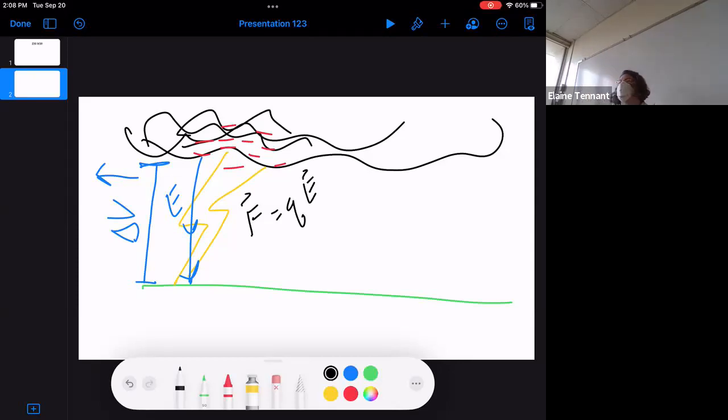So as the potential difference builds between the clouds and the ground, this electric field becomes stronger as well, because remember, electric fields are potential difference over displacement.